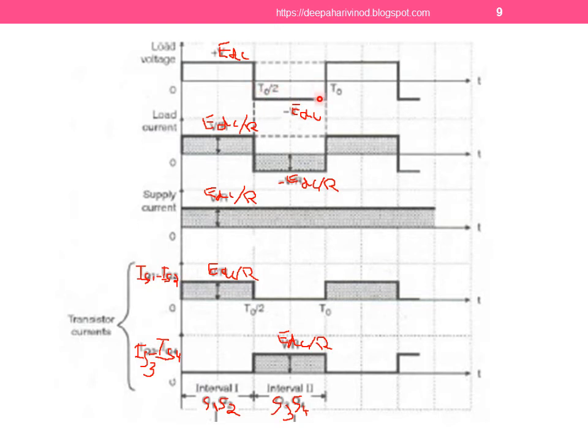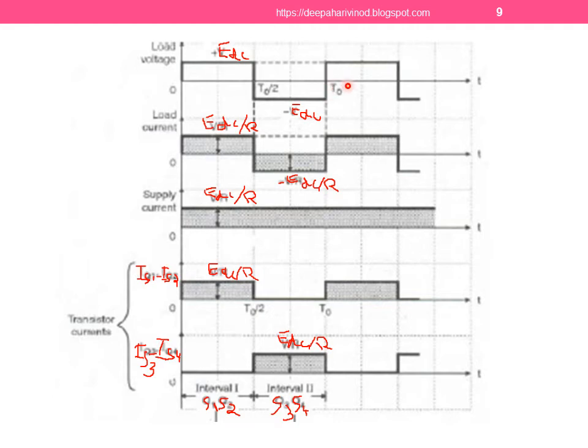So from here to here it is mode 2. When S3 and S4 are on, the load current flows from B to A, that is from this point to this point, and the load current flows from B to A until T equal to T naught.